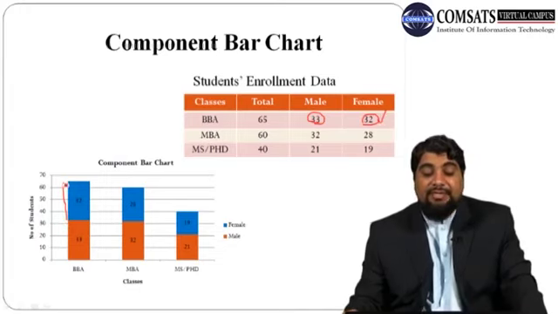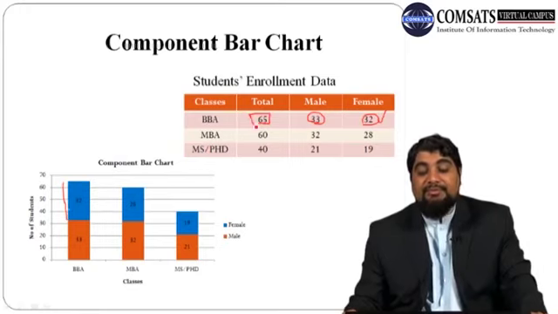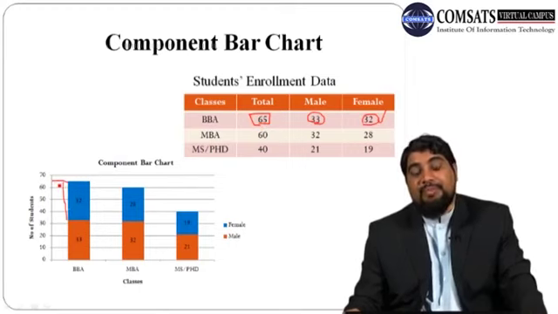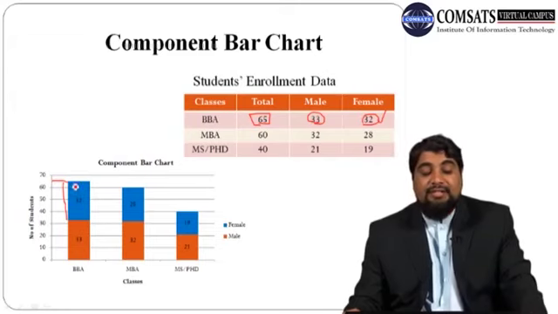From 33 you have to add 32 to it. So 33 plus 32, we end up at 65. This height goes up to 65. You can see that this total height, which is 65, is subdivided into two parts.